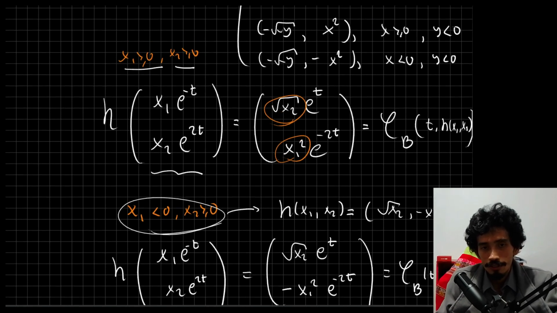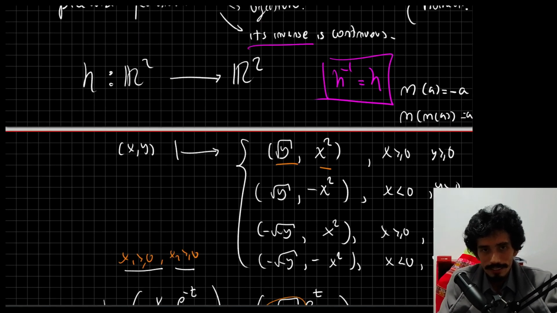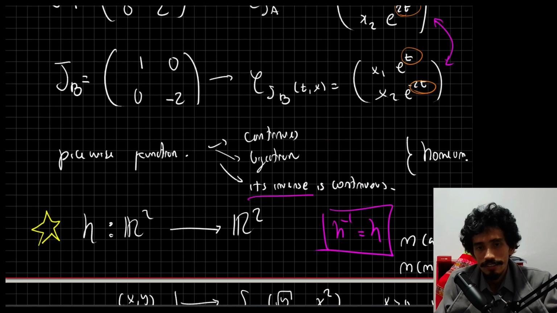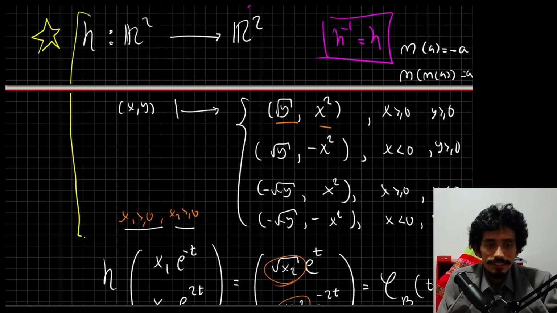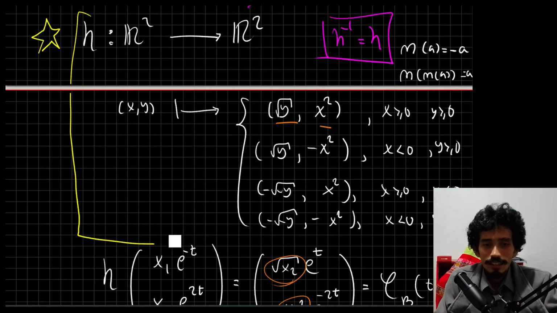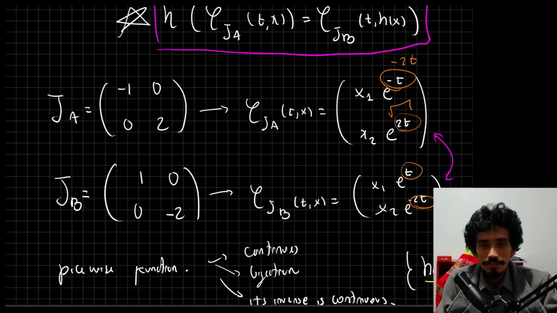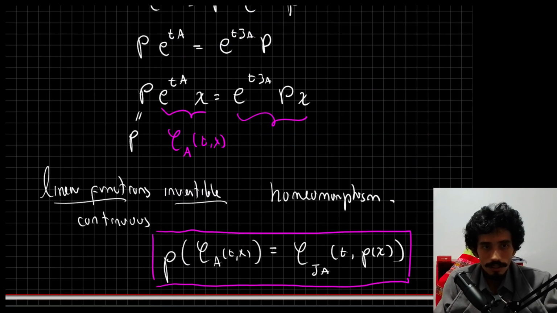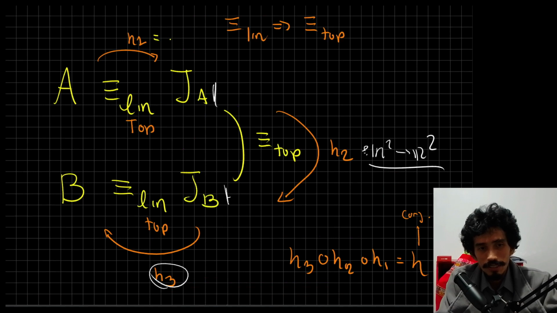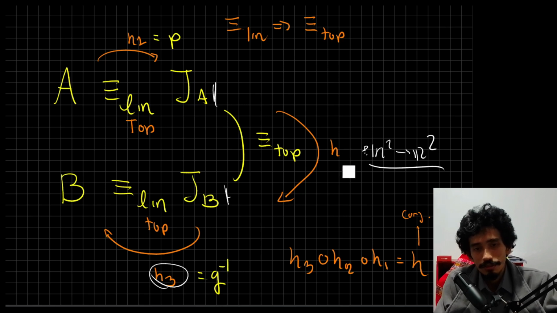So this function defined like this is the homeomorphism that we wanted. So now to sum up, we have this h1, which was p, a lowercase p. h3 was the inverse of lowercase q, and now our h2 is just h, right?